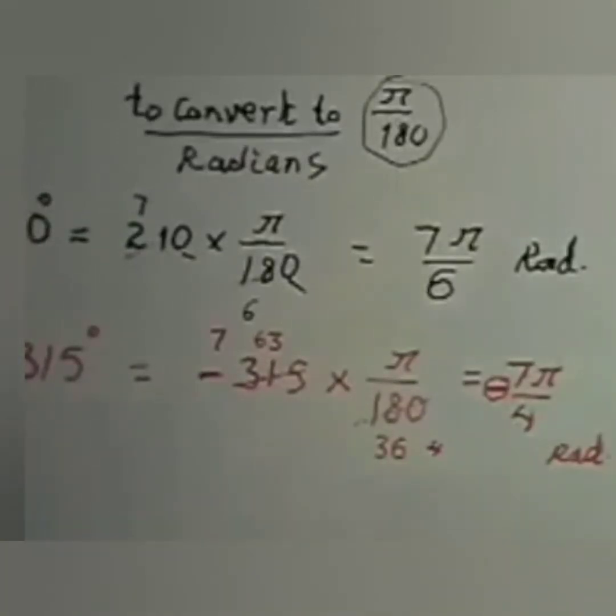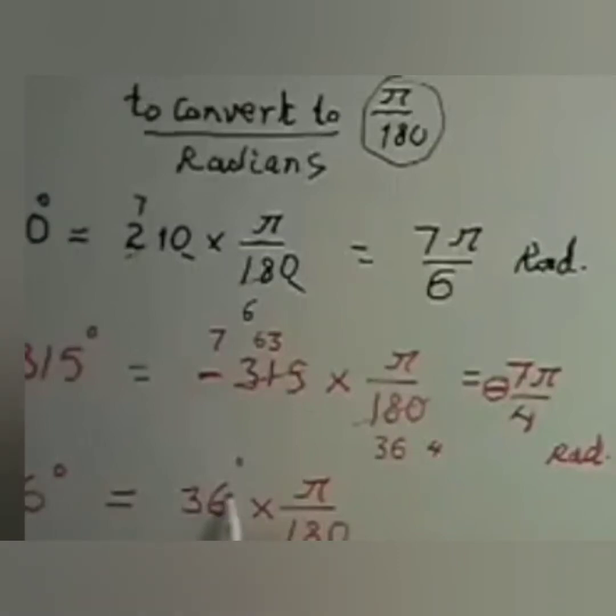And so for the third angle, 36 degrees is equal to 36 times pi over 180. You see this can be divided by 9 and this by 9. By 9 here it will give you 4, and 180 divided by 9 will be 20.